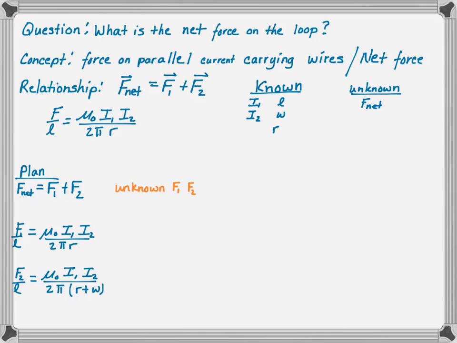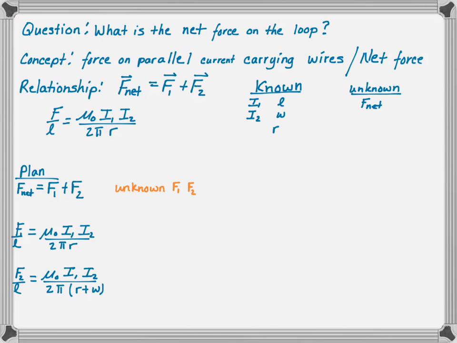F2 divided by L is equal to mu naught I1 I2 divided by 2 pi R, and in this case, R is going to be a combination of R, the distance from the long straight wire to the loop, plus the width of the loop in order to get to the next parallel wire, which is that bottom wire. So I do R plus W, the total distance from the long straight wire to that bottom wire.